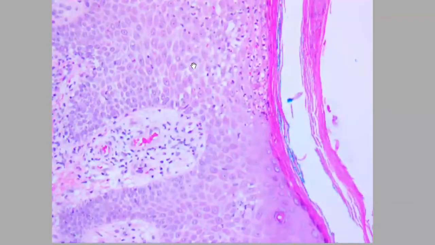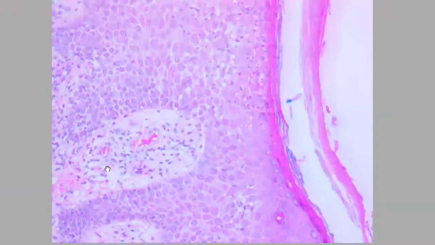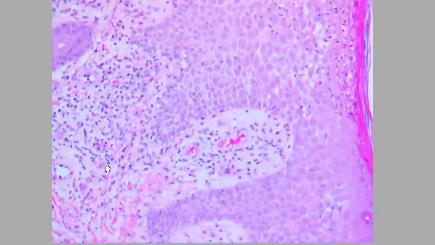I will take the chance also to mention on higher power that sometimes we have mild spongiosis, which is some edema in the epidermis. And this is the papillary dermis, where we have this dilatation of the vessels, which causes the Spitz sign. And we have this perivascular lymphocytic infiltration in this layer or in this area.